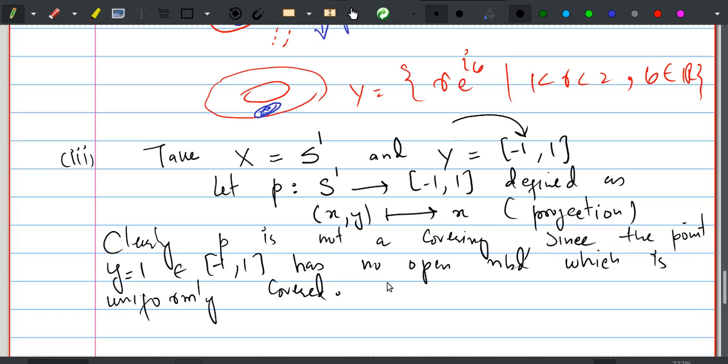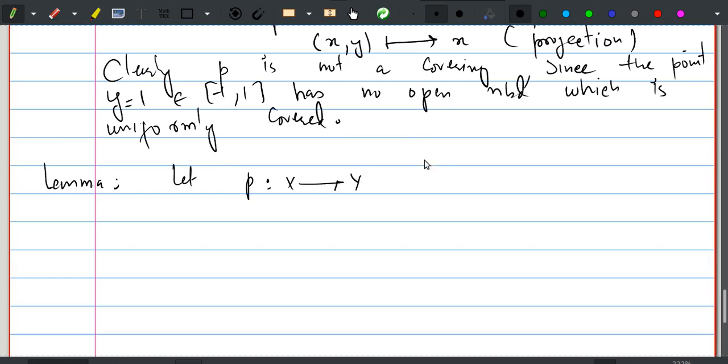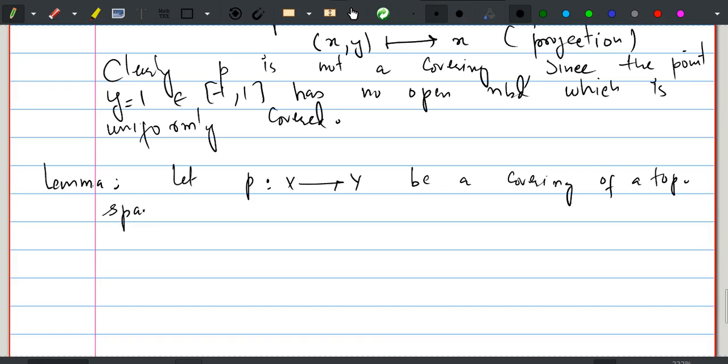Now here is a lemma which states that, let P from X to Y be a covering of topological spaces.